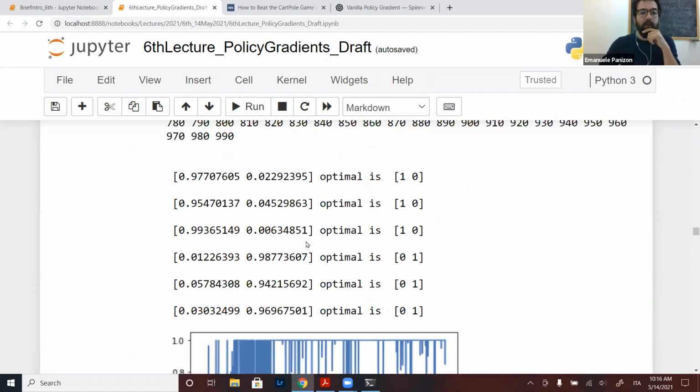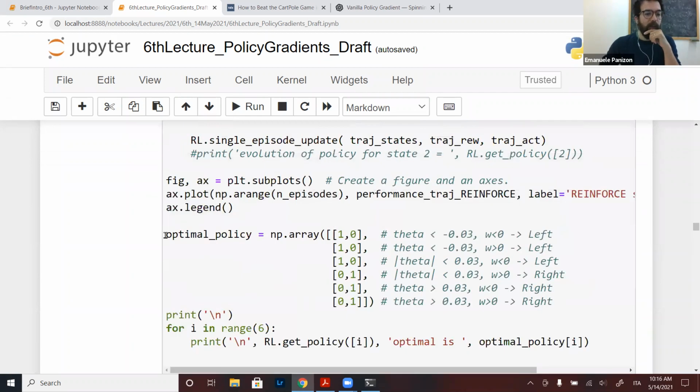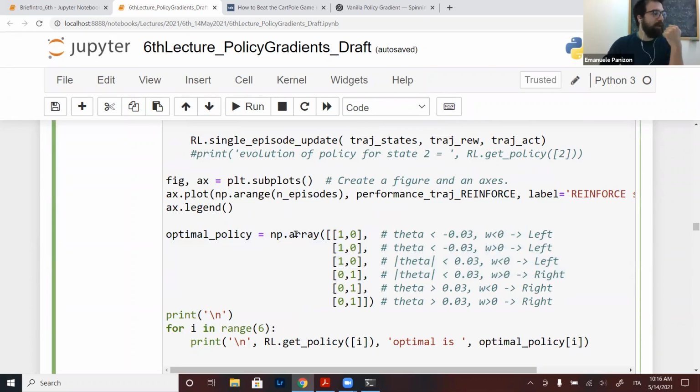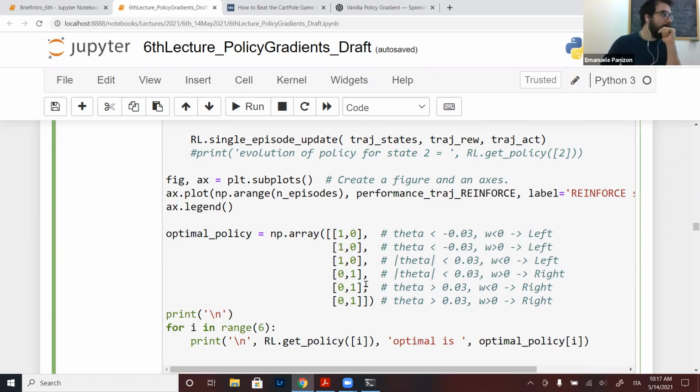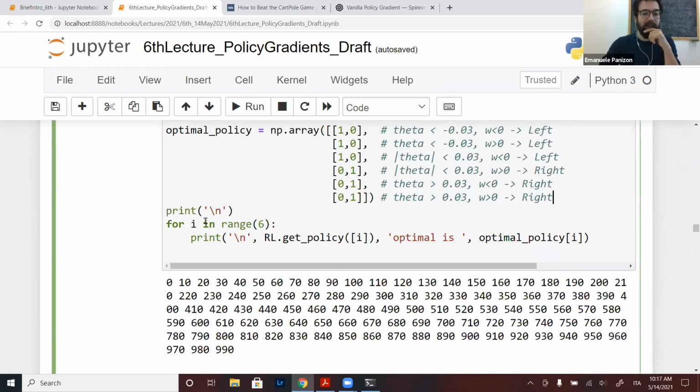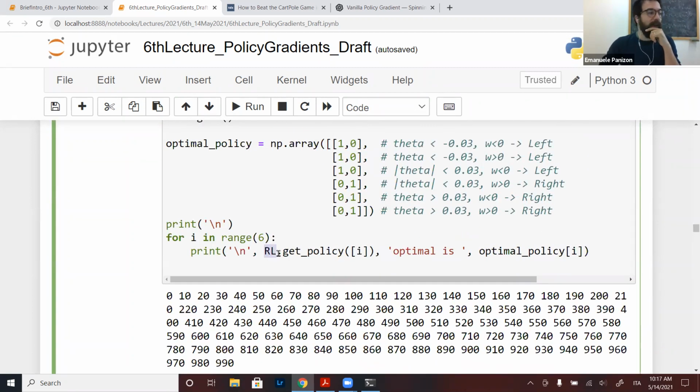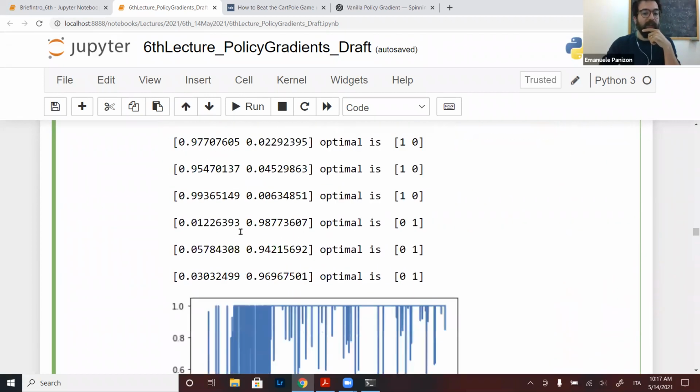Okay, so one other thing I checked: we had by hand created our policy, which is 101010010101. So we can actually ask the reinforcement learning algorithm, the REINFORCE, what are the policies you have learned so far for these 6 states at the end of the learning process. And this is the result.